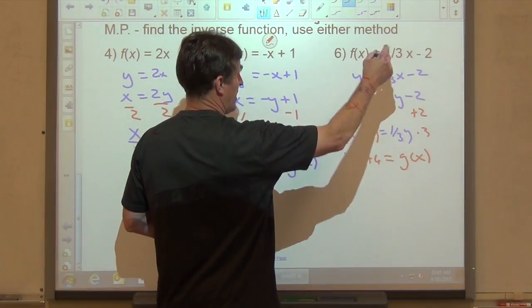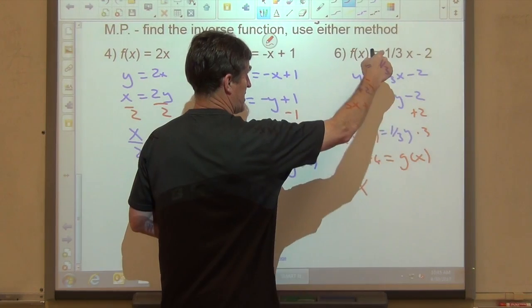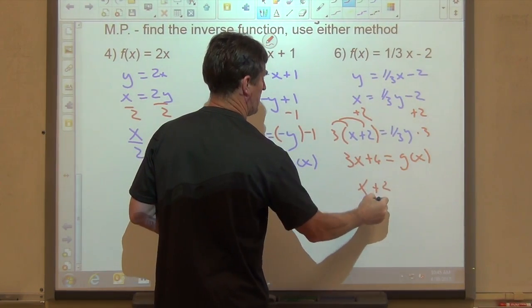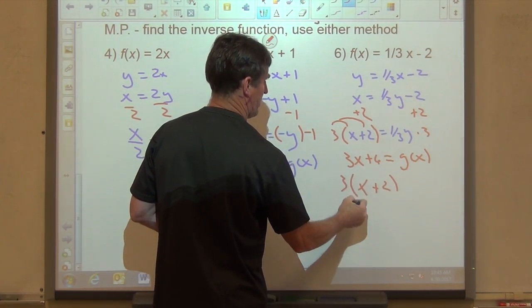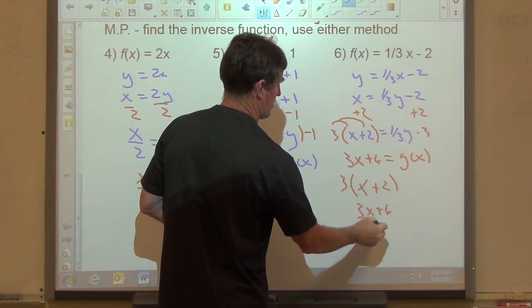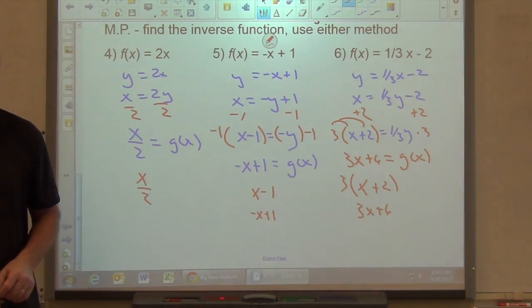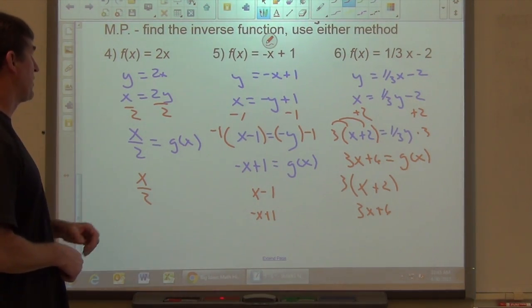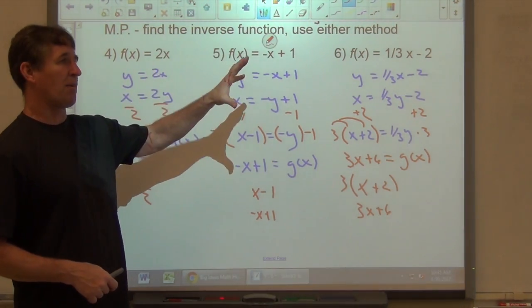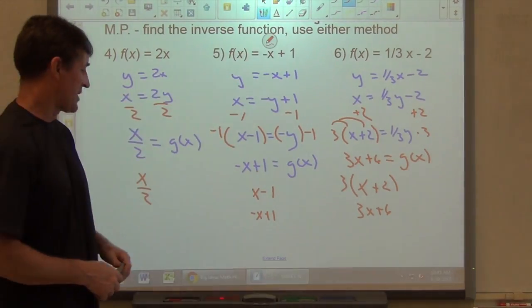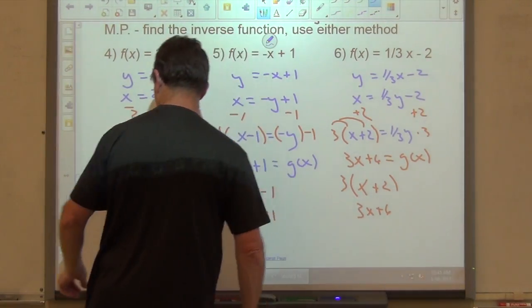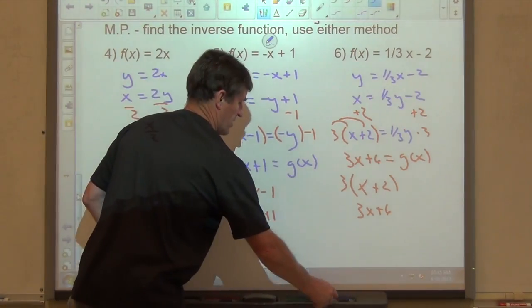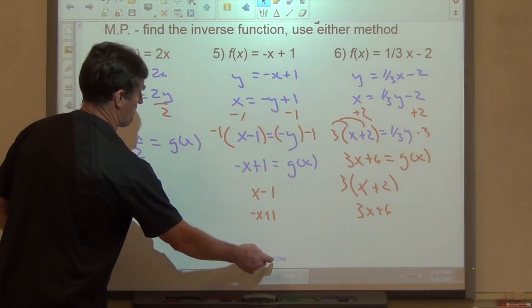And this one, you would take the x, and instead of subtracting 2, you would add 2, and then multiply by 3, and you get 3x plus 6. So that shows it to you using either method. You get the same thing, it just depends on what you're more comfortable doing. But as you get to more complicated ones, it's a little easier to switch the x and y, and then solve for y.